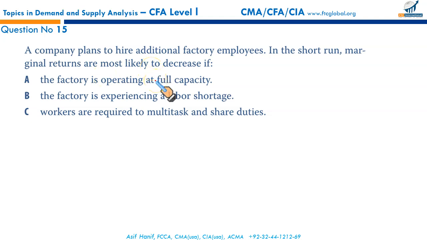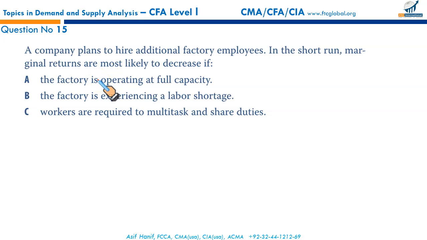It's just like the same typical example that we give in our classes. When you have a single ladder and there are many people on the ladder picking apples. So if you're already running at full capacity, addition of new employees will result in decreasing marginal return. So look no further, it's a fairly straightforward question. So that makes A the correct option.